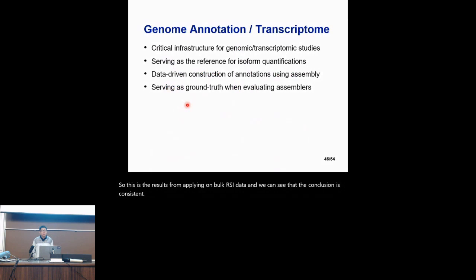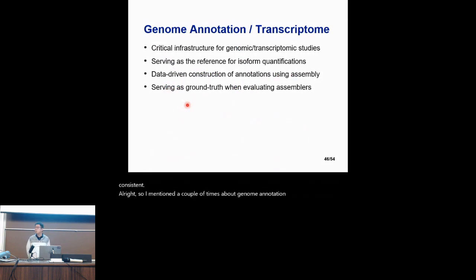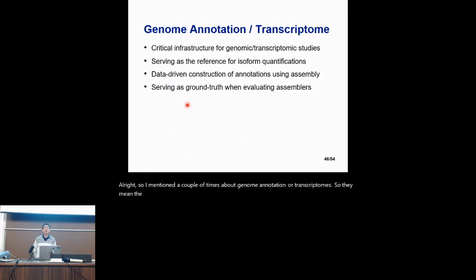All right. So I mentioned a couple of times genome annotation or transcriptomes. They mean the annotation of known transcripts. They are critical infrastructures for genomic and transcriptomic studies. For example, they serve as the reference for isoform-level quantification.